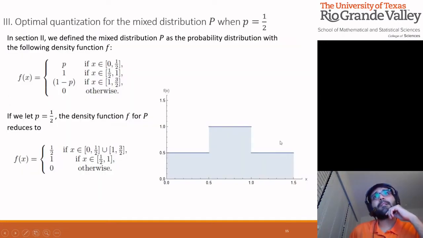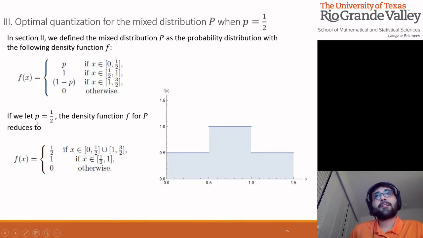So now let's talk about the optimal quantization for the mixed distribution P when little p equals 1 half. What happens to the probability density function when little p is 1 half?